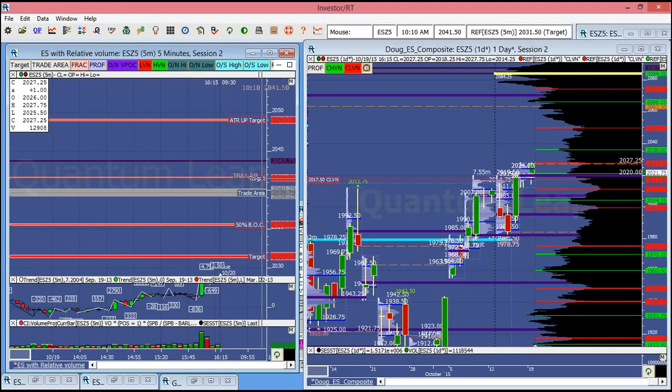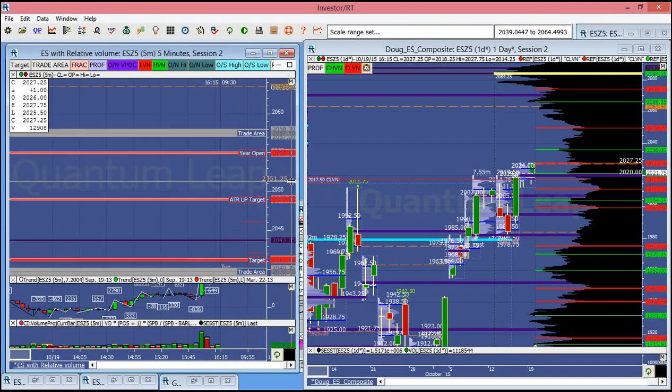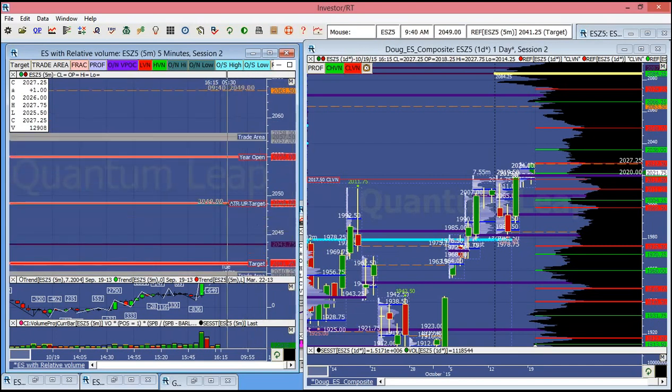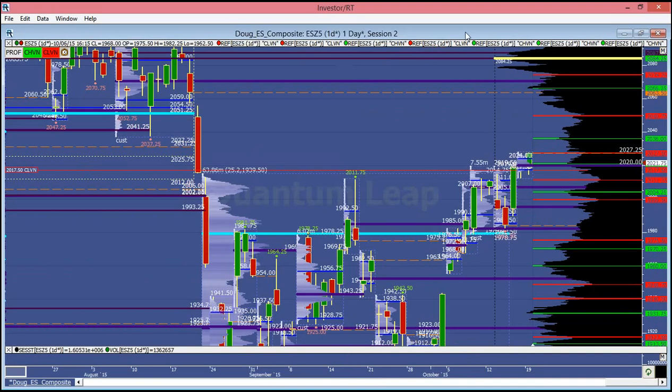Then we've got the measured move, 41 and a quarter, 43.75 naked VPOC, and then the test of the 49, and then of course the key line in the sand above us is the 51 and a quarter. Sorry, is it 51 and a quarter or 51.50? 51 and a quarter.